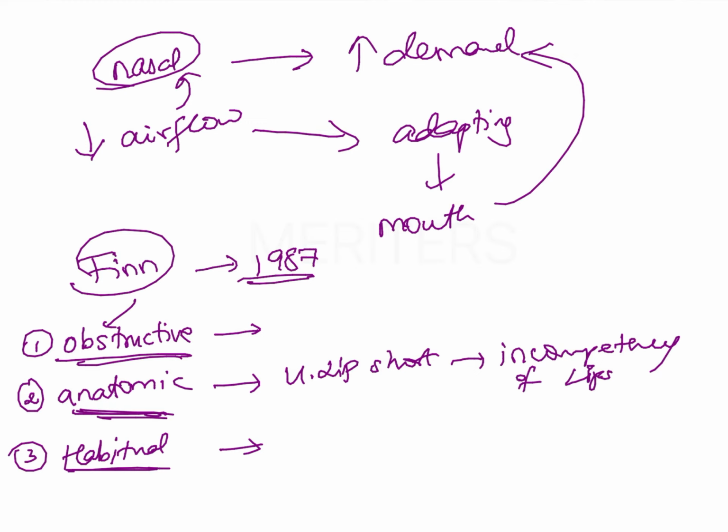It could have been that there was some obstructive cause because of which the child started breathing through the mouth, but even after the obstruction has been removed, the child continues to breathe through the mouth as a force of habit. Other types of mouth breathing that can be seen are obstructive sleep apnea, or they can be associated with other habits such as thumb sucking, etc.